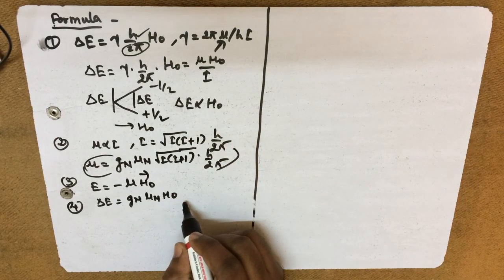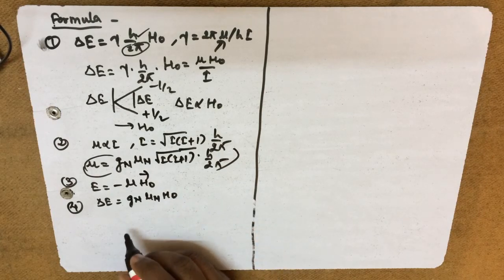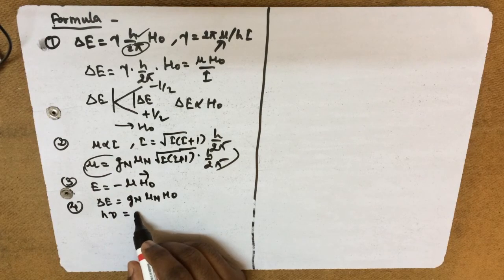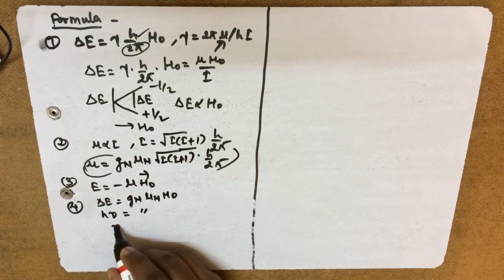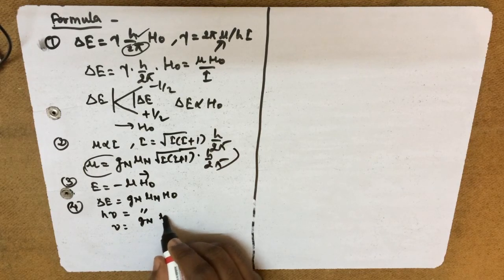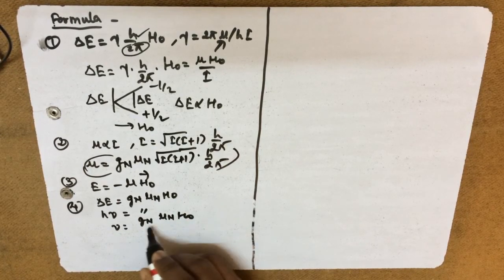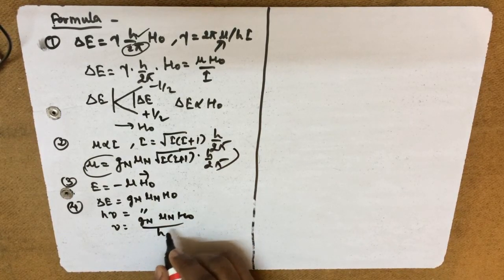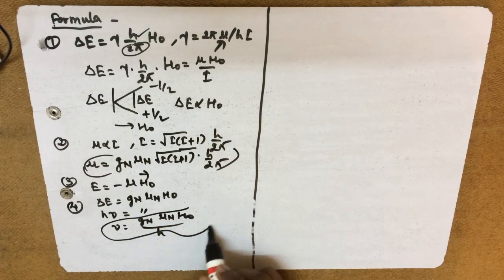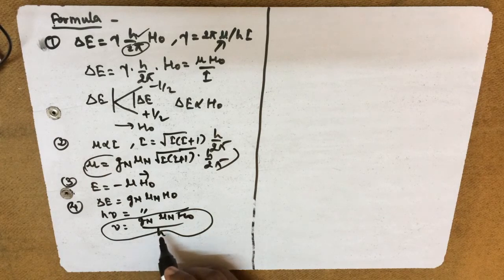This is the Bohr-Einstein relation, and if you put h nu here, you will get nu equal to g_N mu_N H0 upon h. This is very important. A lot of questions have been asked on it in exams.